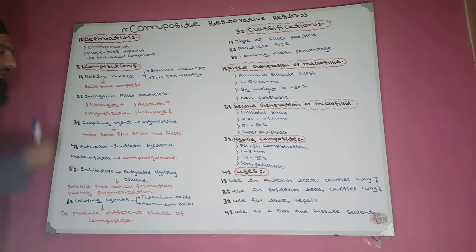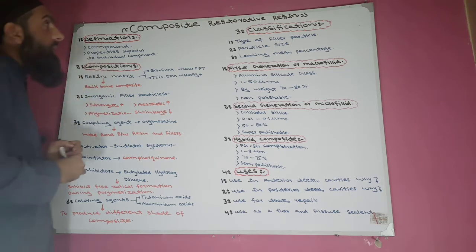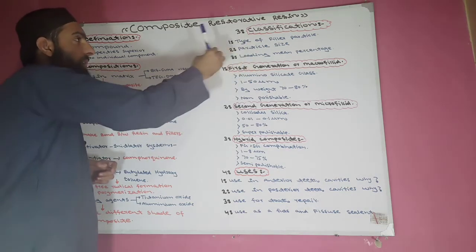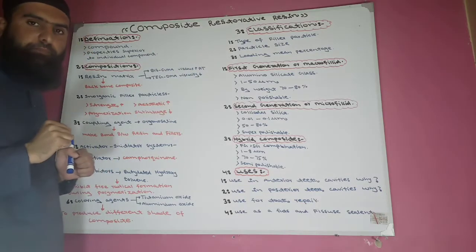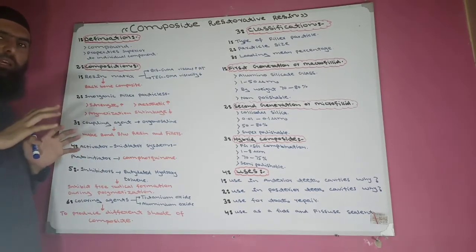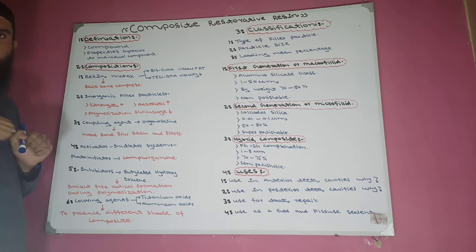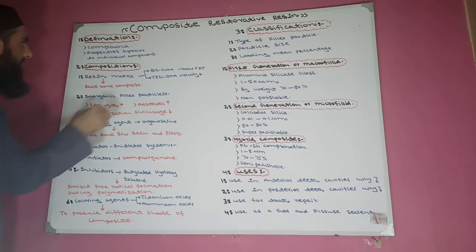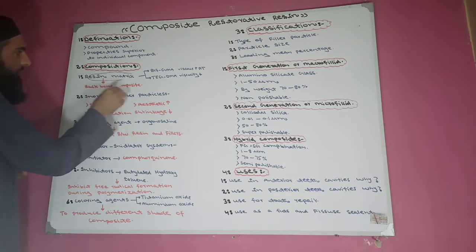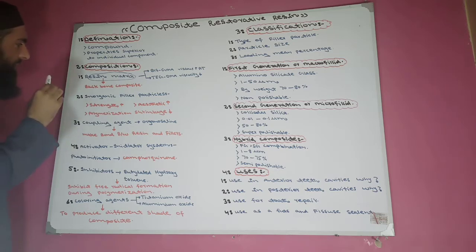Now after definition and composition, we come to the classification of composite restorative resin. In each type of composite, the resin matrix is always the same. But which component creates a difference in different types of composite?